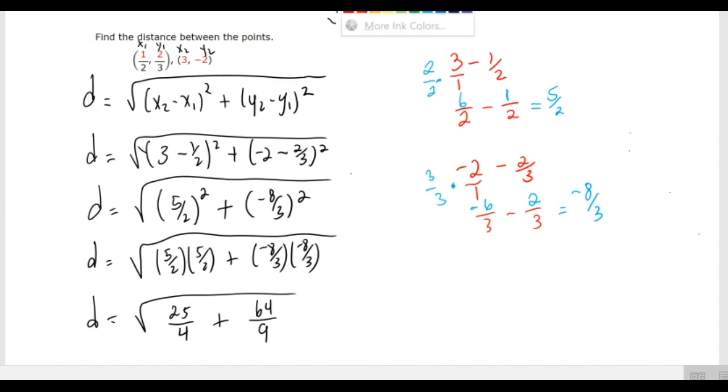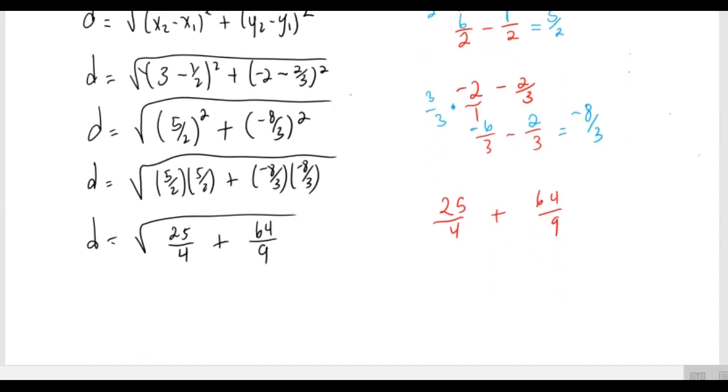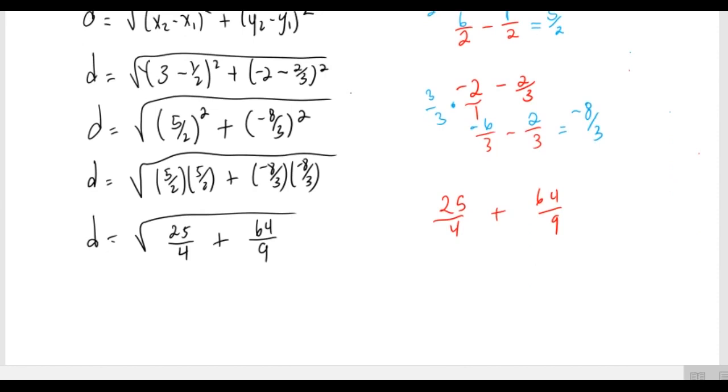In order to add the two fractions here, again, we need to have the same common denominator. One way to find that common denominator is to multiply the denominators together. So 4 times 9 would be 36.